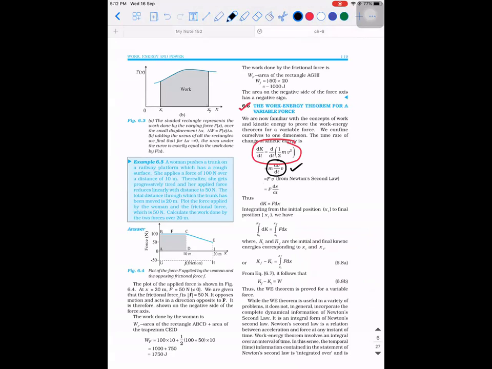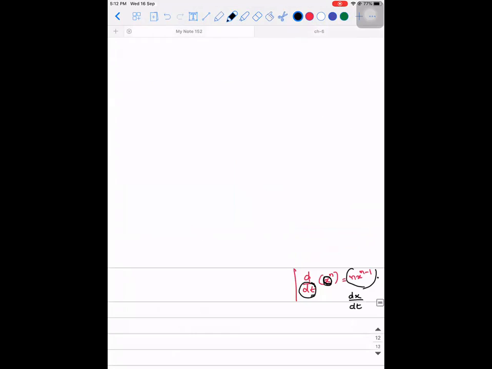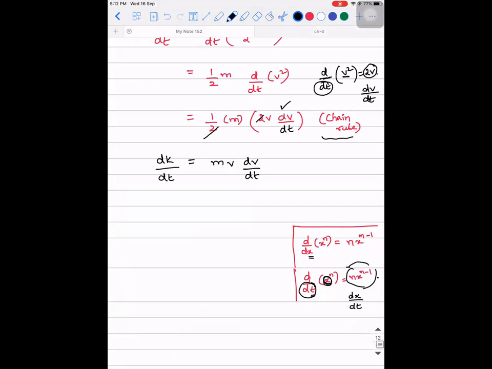Okay, a second part, sir. Which second part? Sir, that 1 by 2 m into d by dt v square, that one, sir. I cancelled 2 and 2. No, sir, the second one, above that. See, this is called the chain rule.